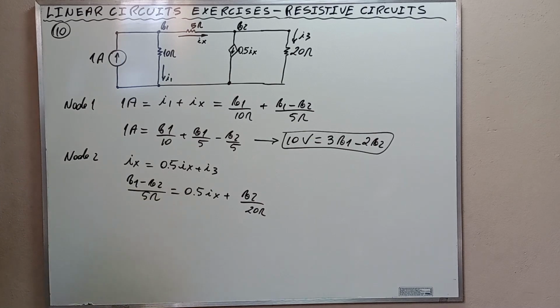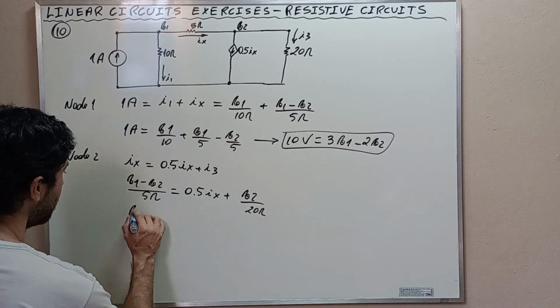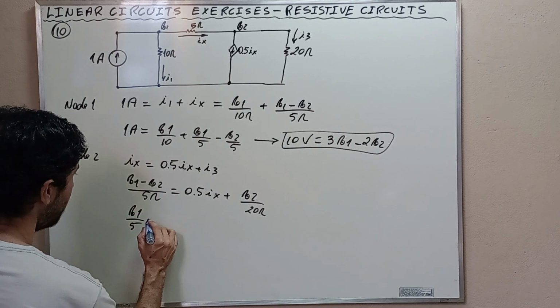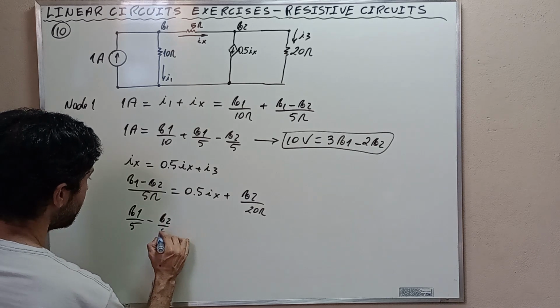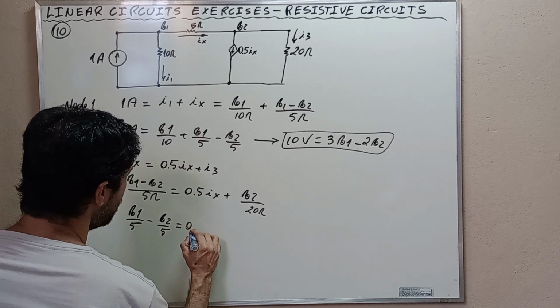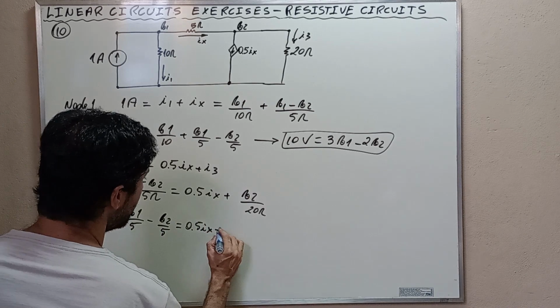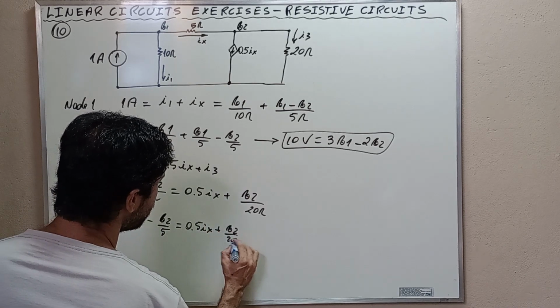And we are going to manipulate this in order to find a simpler equation. We are going to separate here V1 divided by 5 minus V2 divided by 5 equal to 0.5 Ix plus V2 divided by 20.